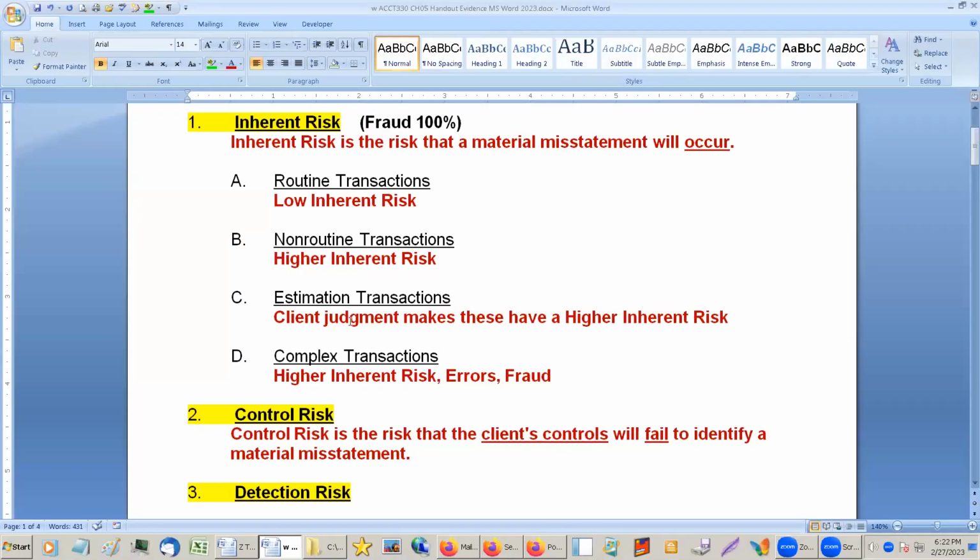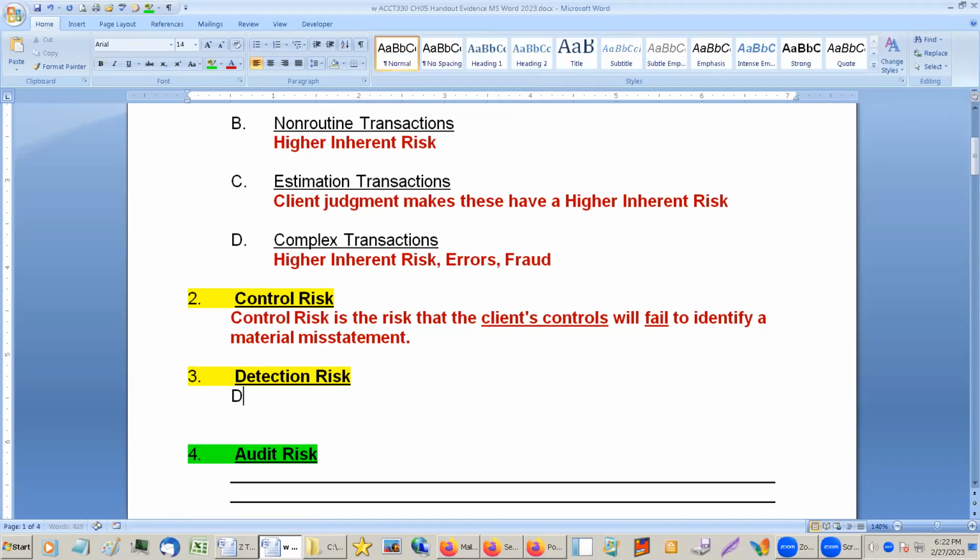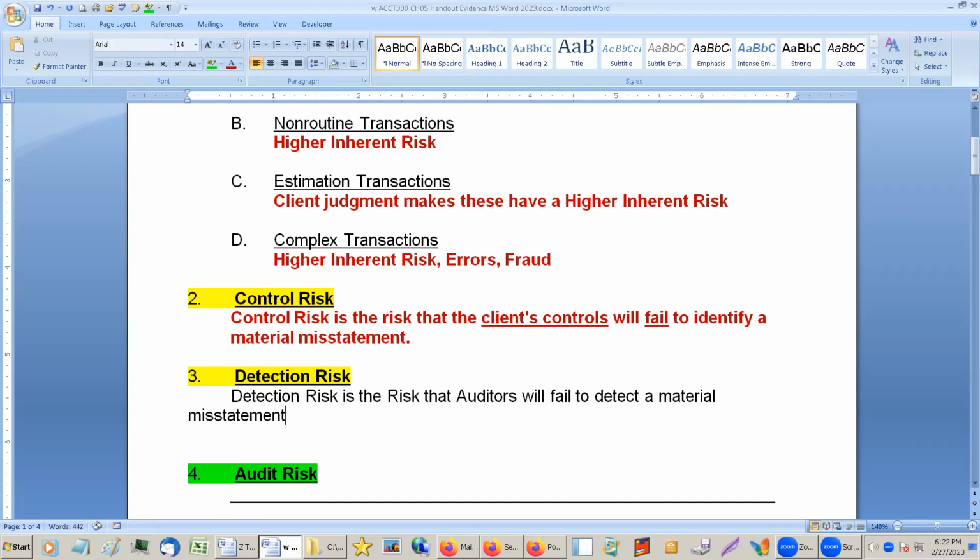All right. And detection risk. Pretty much the risk that the auditors will fail to detect the material misstatement.